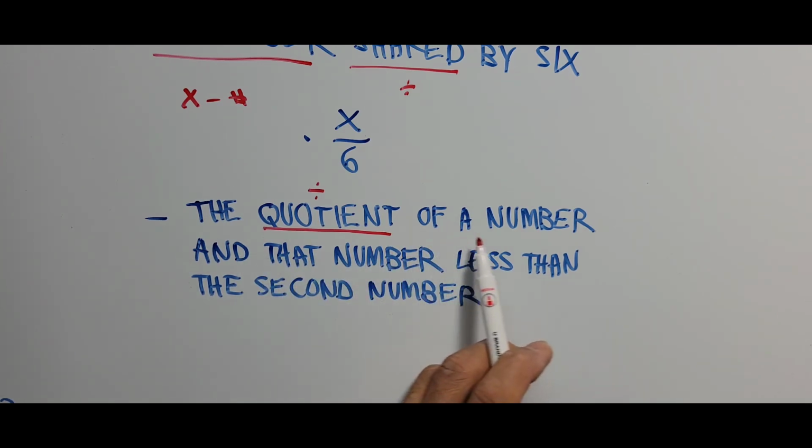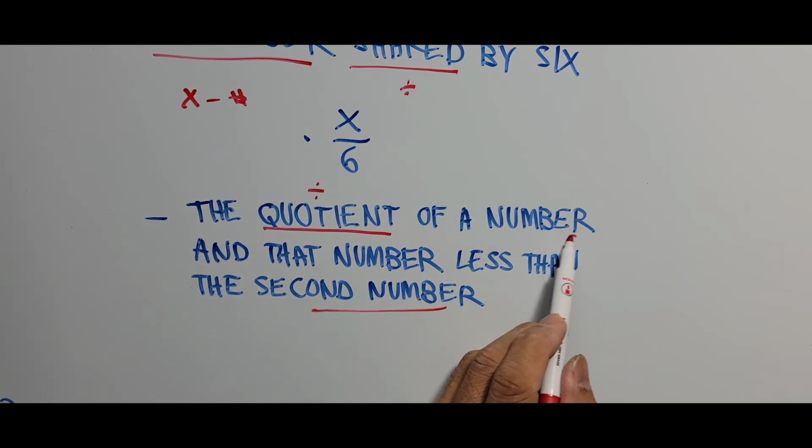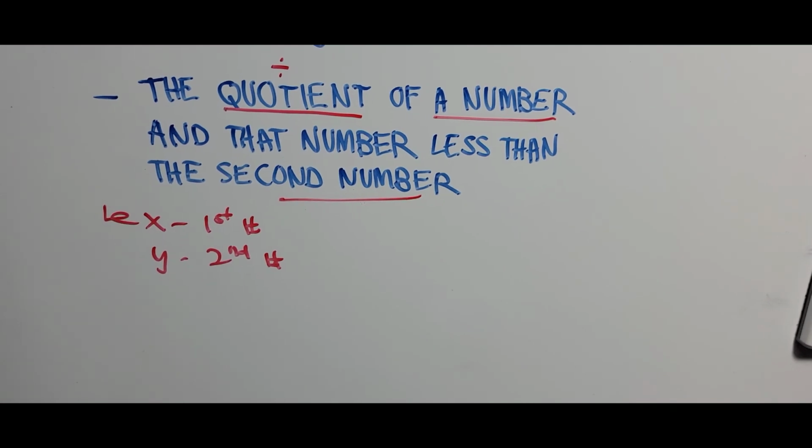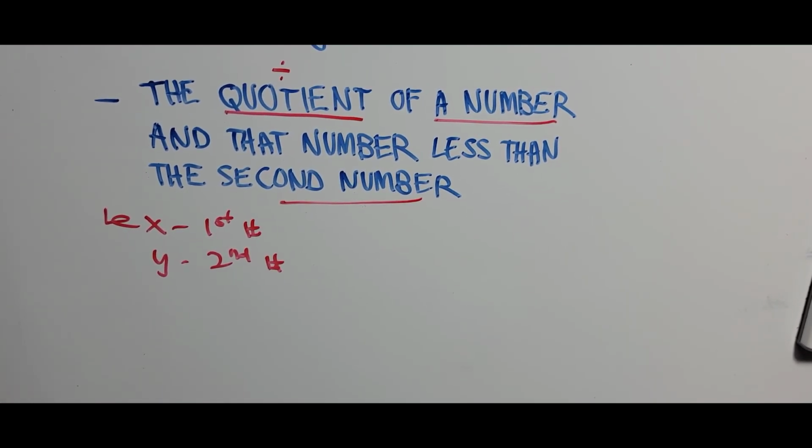So the quotient of a number, it says here a number and then the second number right there. So you have two numbers. Let's say x is the first number, and since you have the second number, y is the second number. Okay, so let's go back to that.